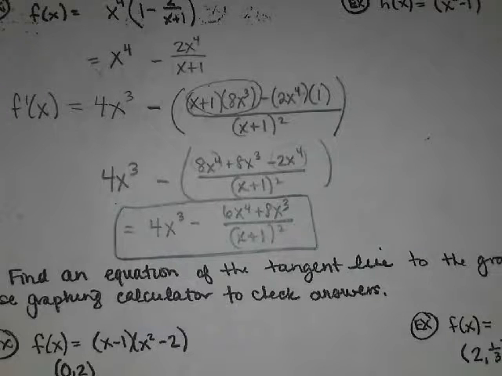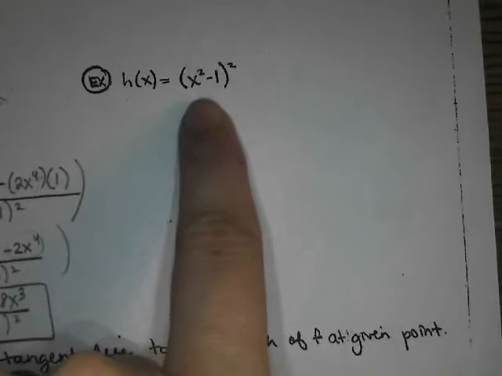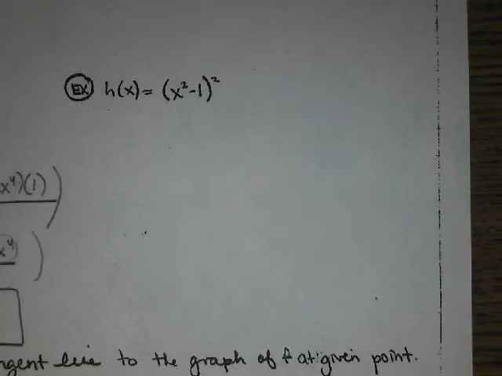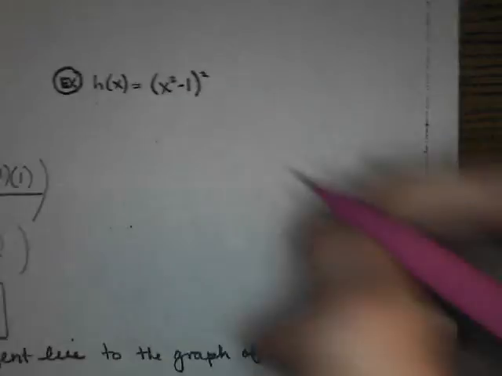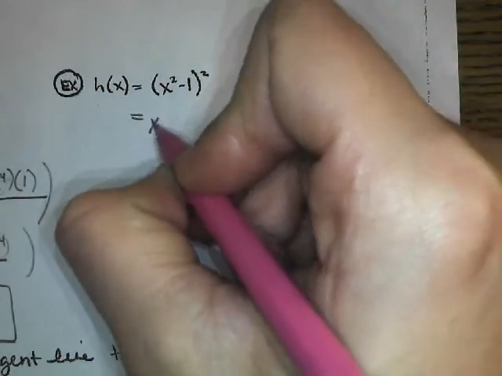Okay? How do you feel about this one? What should we do? It looks easy? What would you do? Scott? Foil. Okay, so if you just first FOIL this, it's going to be x to the 4th minus 2x squared plus 1.